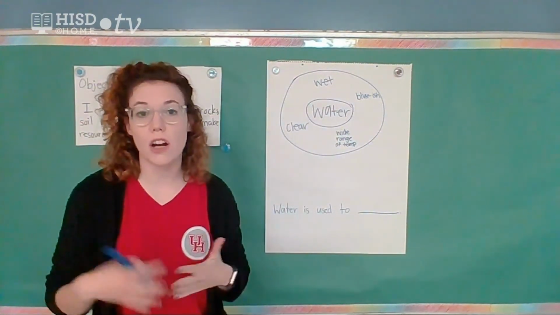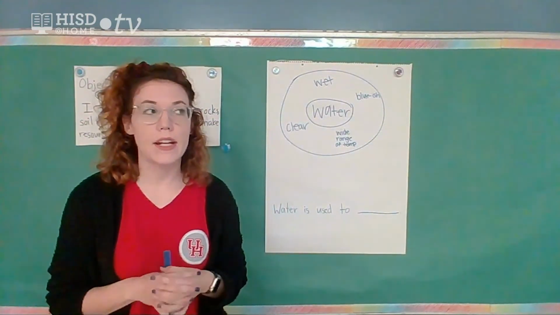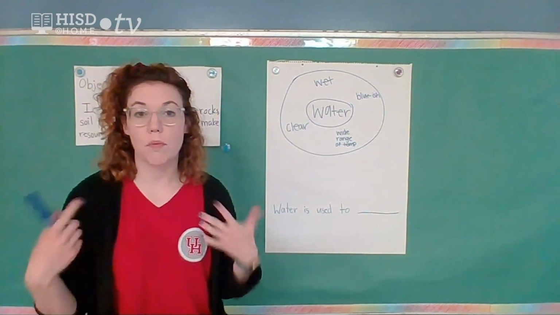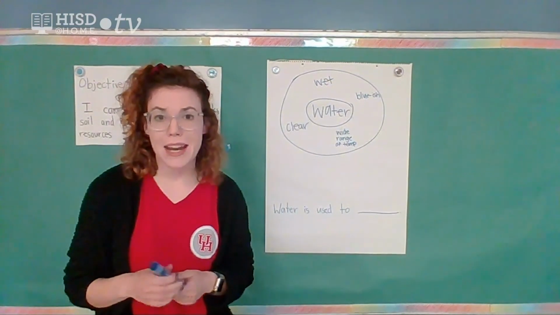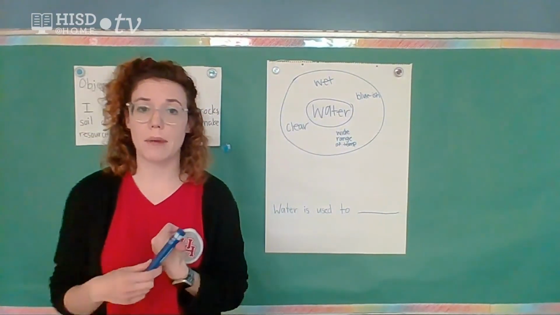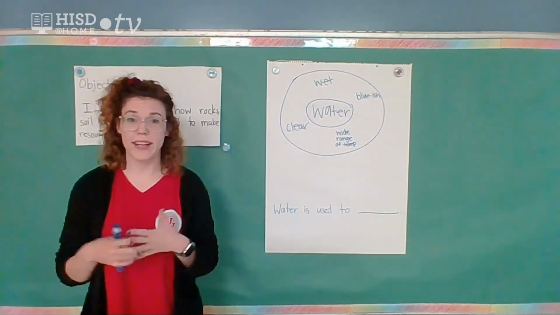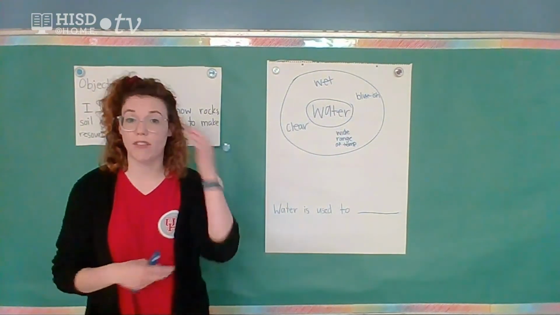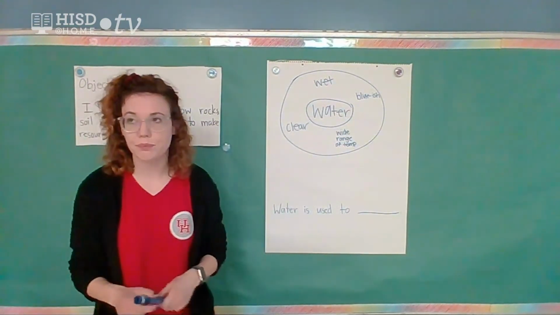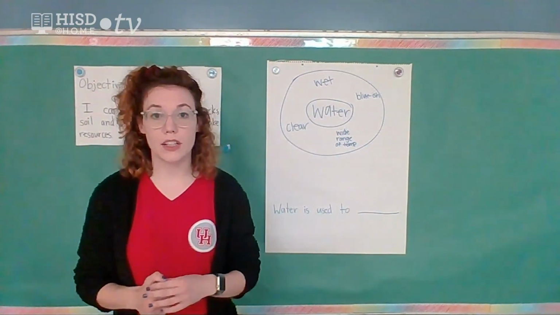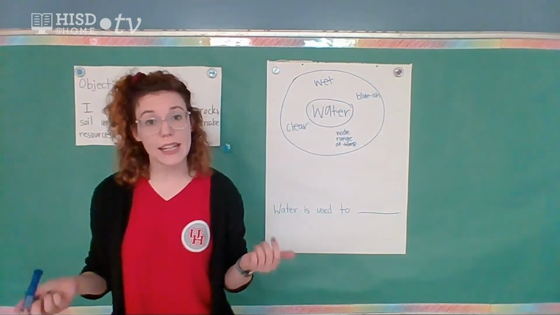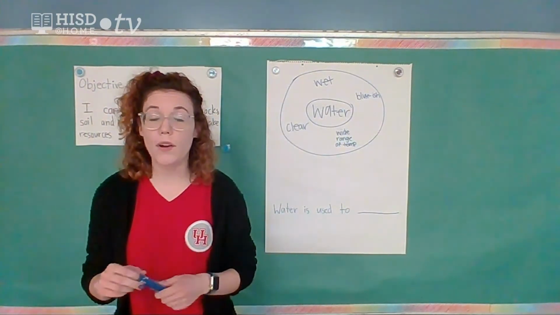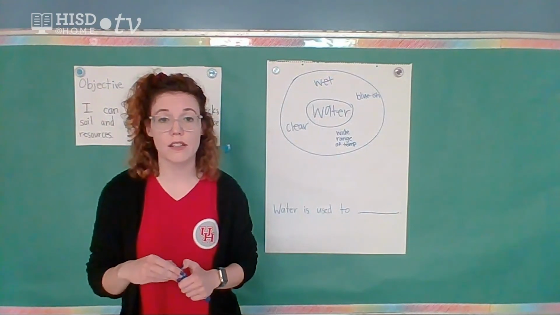Water can be used for a lot of different things, right? We can get water and just go play in it, but as a resource, it also helps plants grow like we talked about. We use it to wash our hands and wash our bodies and wash our hair, right? We use it to wash things. We use it to help our bodies grow by drinking it. Drinking water is very, very important for us.